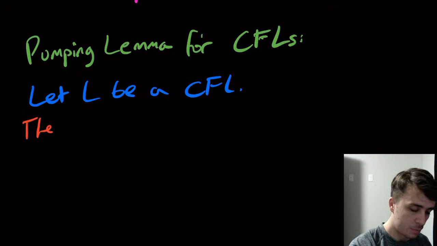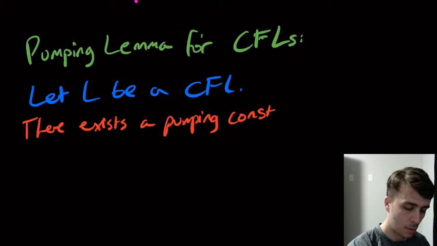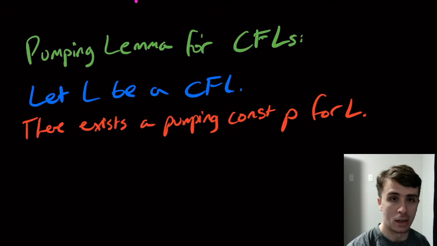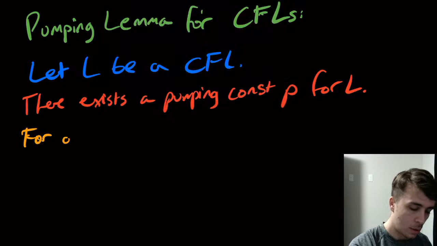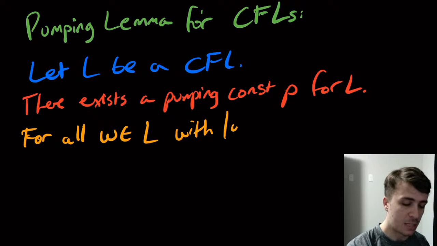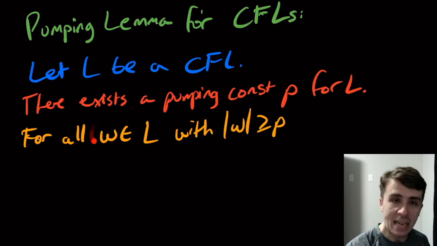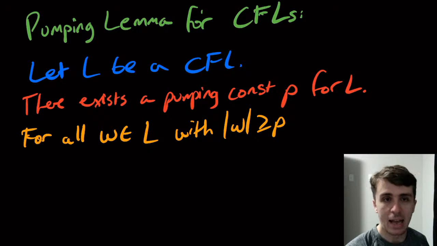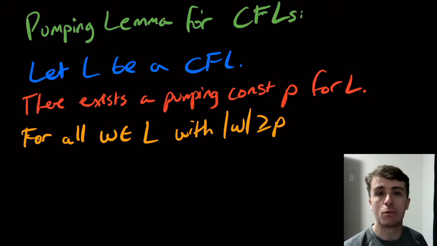Then there exists a pumping constant, P, for this language L, and for all strings W in L with the length of W being at least P. The W being in L shows that there is a parse tree, and this length condition is ensuring that there is a repetition of variables from the top to the bottom.